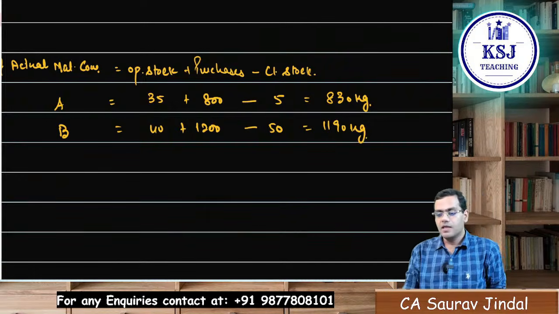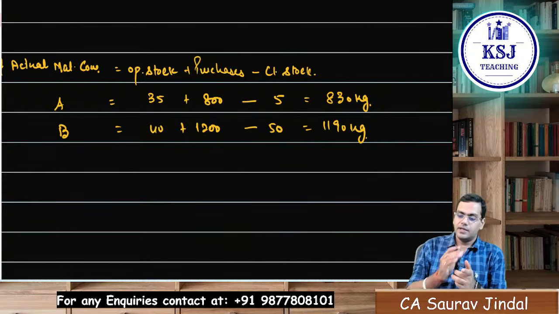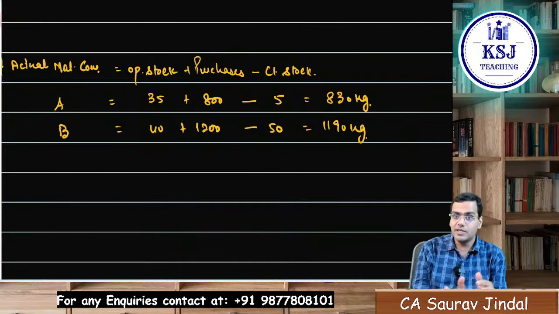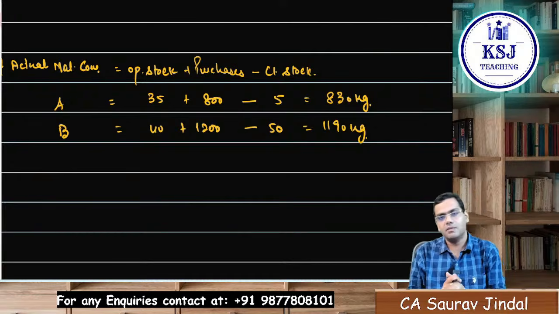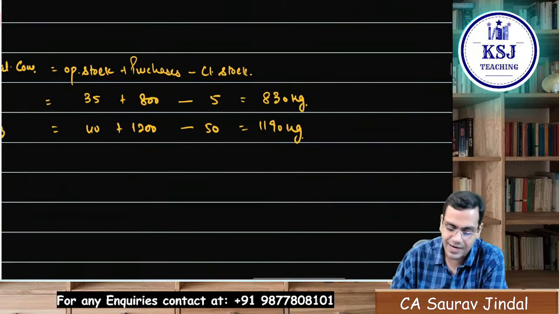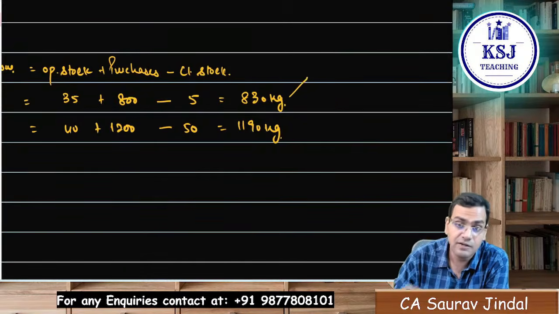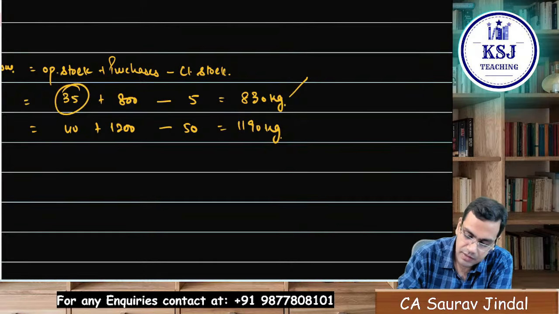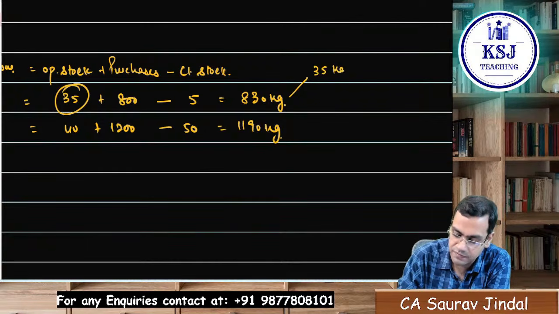Clear? Now, another interesting point here, sir, when we say 830 kg has been consumed, we will assume that the consumption is taking place on the basis of FIFO method. That means in this 830 kg, the first consumption will be the opening stock of 35 kg.